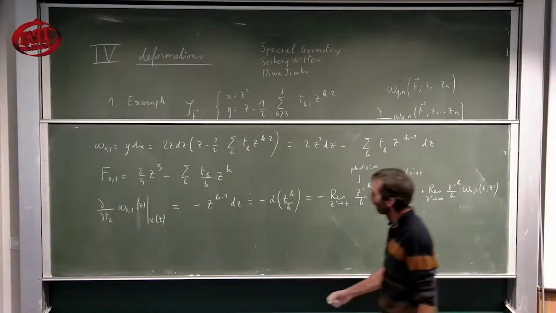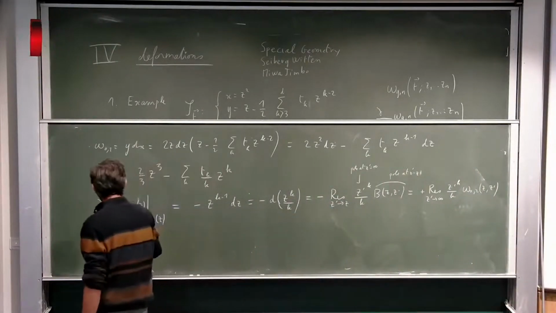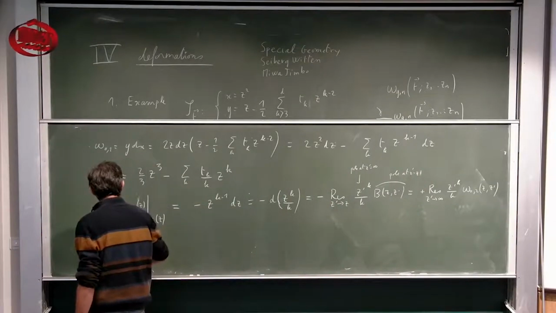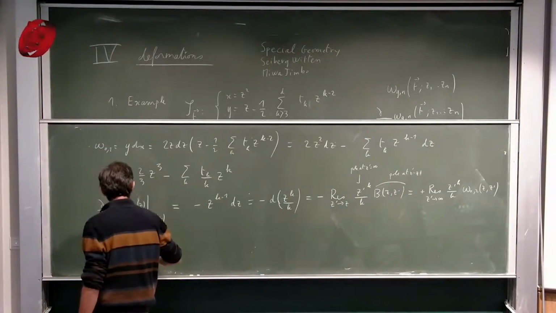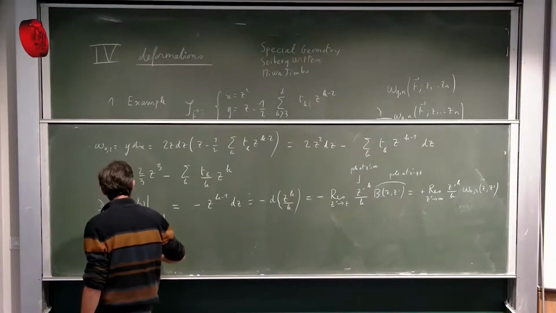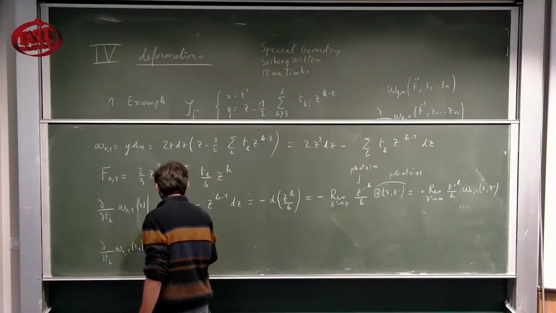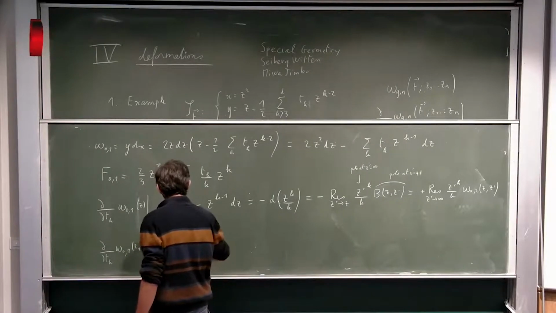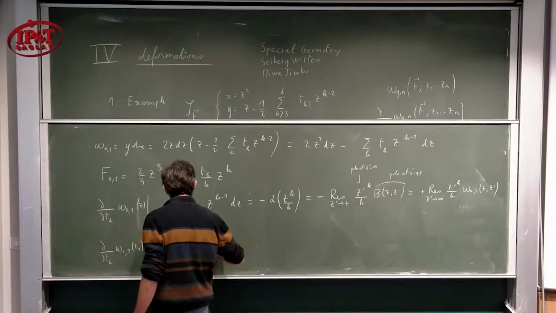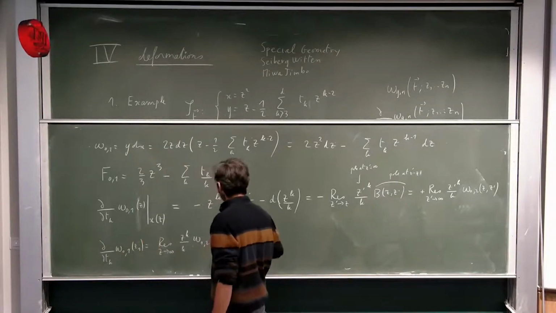So let me write d over dt_k of ω_{0,1}(z1) equals the residue at z goes to infinity of z^k over k times ω_{0,2}(z1, z).